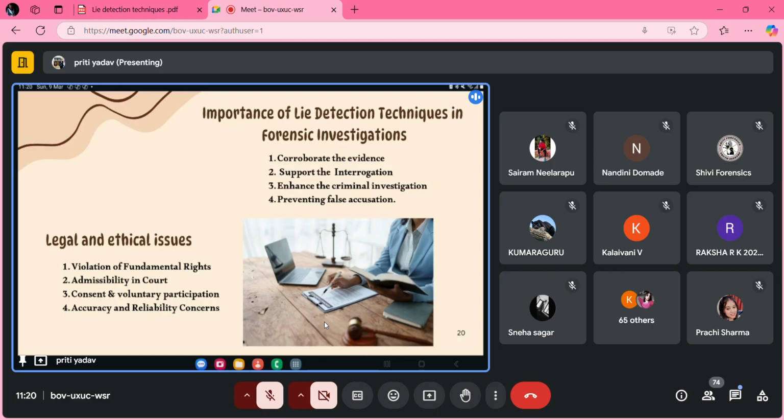There are chances they can produce false positives, that is, an innocent appears guilty, and false negatives, a guilty person appears innocent. Due to chances of violation of fundamental rights, courts recognize these tests as unreliable that cannot be used as primary evidence, which questions the admissibility of the results.